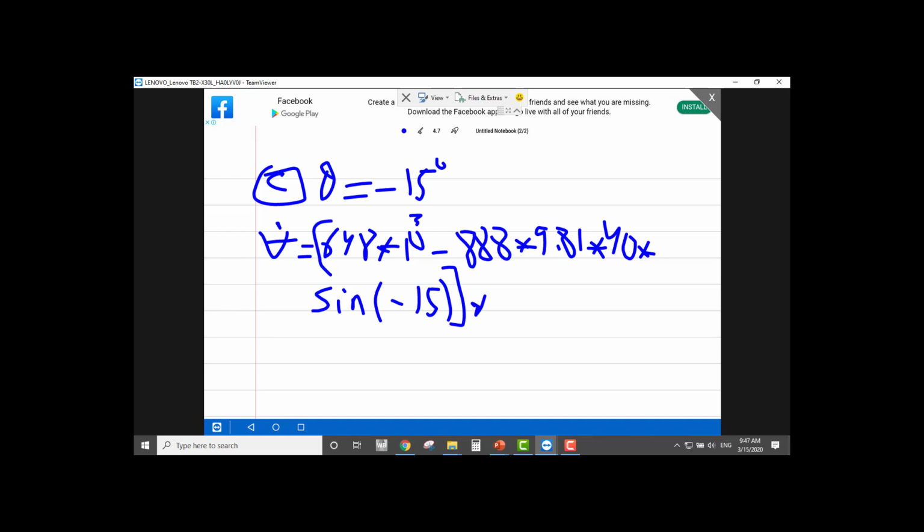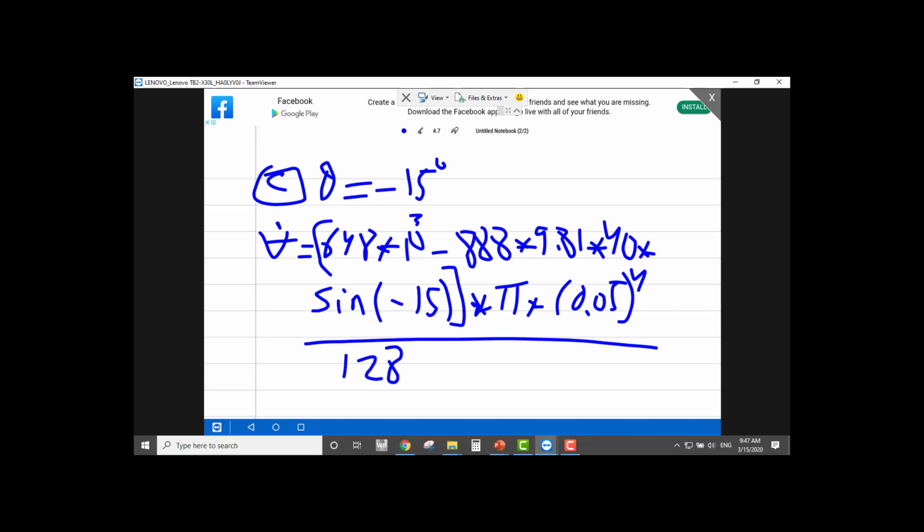This is multiplied by pi and the diameter 0.05, all of them divided by 128 multiplied by 0.8 multiplied by 40.